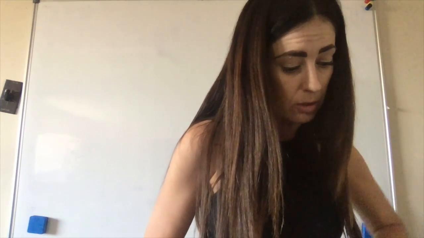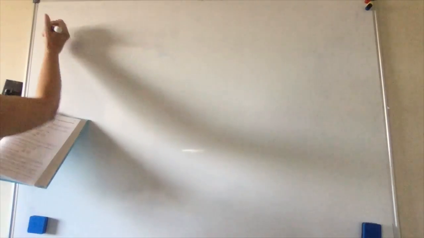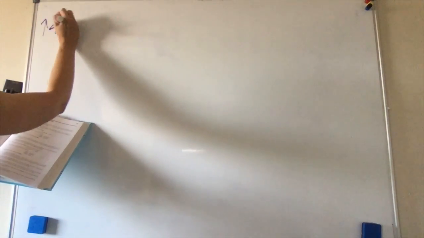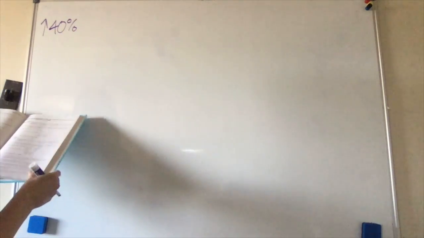Let's look at the first example. It says a store owner marks up her merchandise 40%. Her expenses are $5,200 a month. If she paid $16,000 for goods sold in 1 month, what was her profit? Let's take some notes. She marks up her goods 40%.